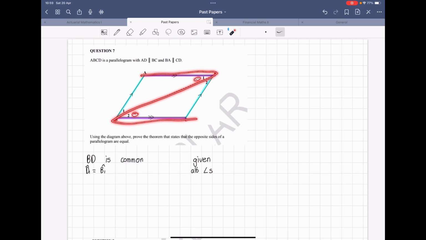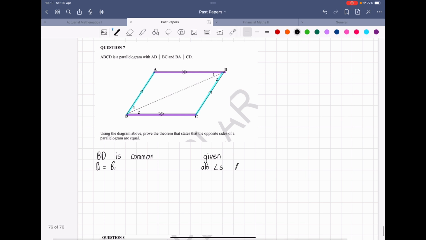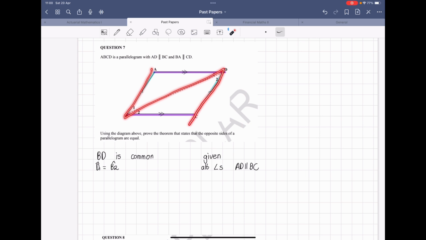So I'm going to say that alternate angles and AD is parallel to BC. And then similarly, I can say that angle D2 is equal to angle B2. Same alternate angles, but now I'm using the other pair of parallel sides, which is the AB and the DC.